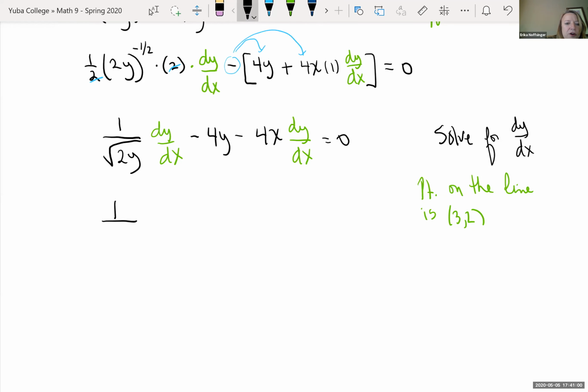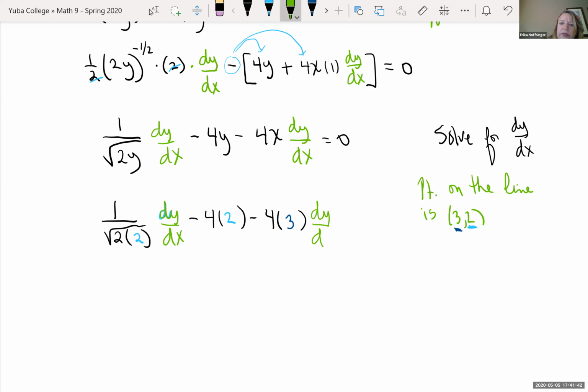So we have 1 over the square root of 2 times y. I'm going to just put a parenthesis there, and our y value is 2. And then we have dy/dx minus 4 times y, so put parentheses there and replace that with a 2. Minus 4, you see an x there, so we're going to replace that with a 3. dy/dx is equal to 0.